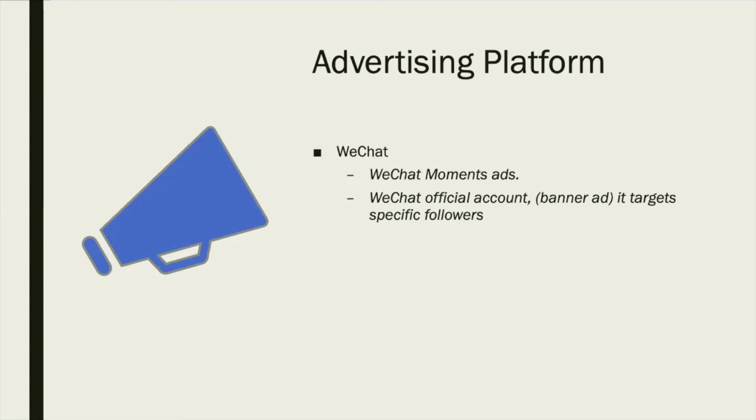Because WeChat is actually a closed friend circle, you can only talk to and chat with the friends that you have added on your app. So through advertising on WeChat Moments, we don't just advertise to one person, we advertise to a group of people who are friends with each other.